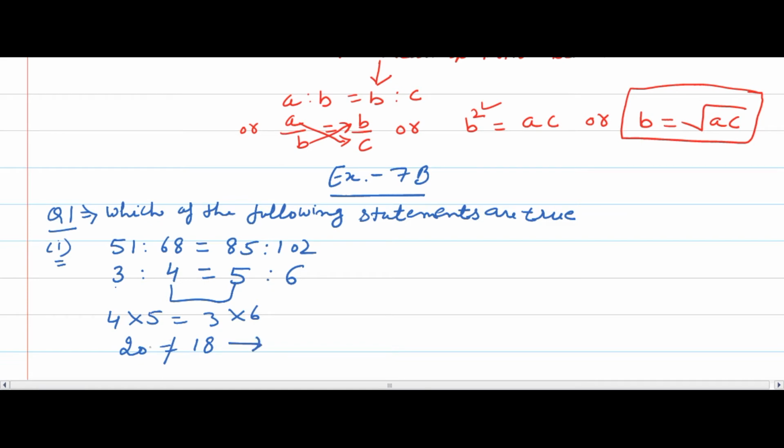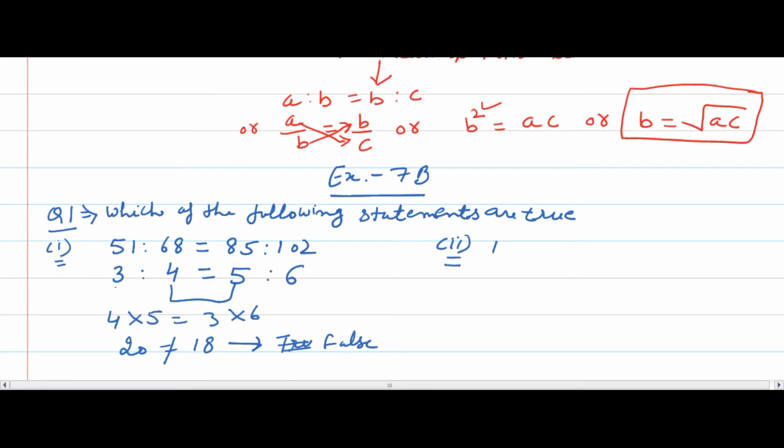If there would have been 20 on both sides, that would have been equal, or 18 on both sides, that would have also been equal. But we have got 20 on one side and 18 on the other. So this statement is not true. That means it is false. Right? Now students, move on to the second part.